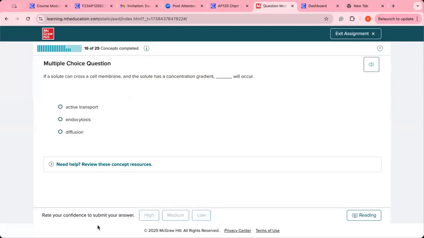If a solute can cross a cell membrane and the solute has a concentration gradient, so provided that you have a solute like water that can pass and the solute has a concentration gradient, it's going to form.